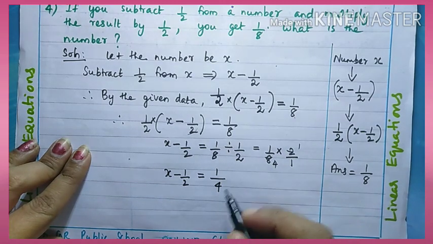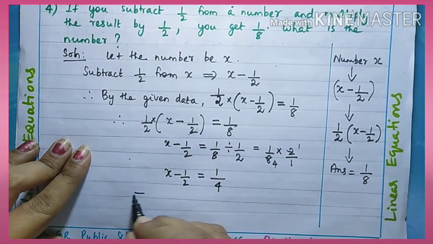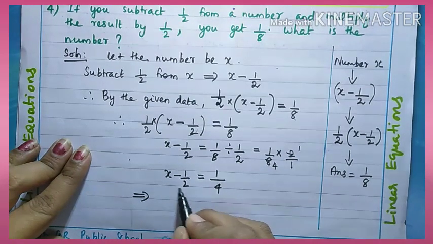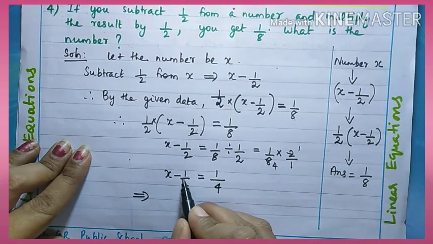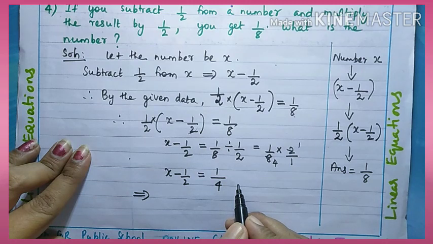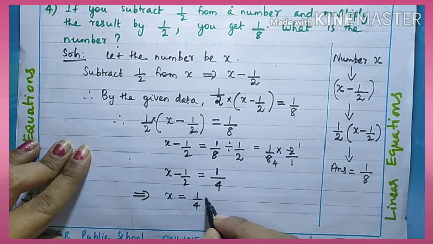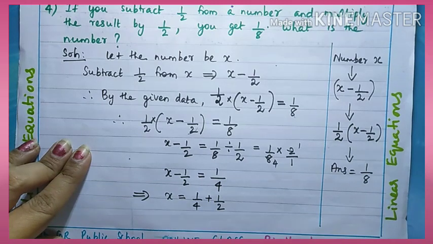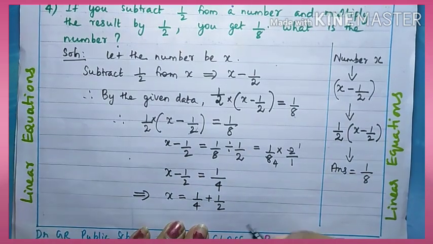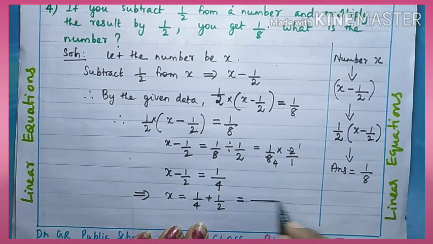Okay. Now what we can do then? This implies again this minus 1 by 2 here I will take to RHS. It becomes addition. So x equal to 1 by 4 plus 1 by 2. Now again we are going to add these different denominators. So find LCM. LCM of 4 and 2 is 4.